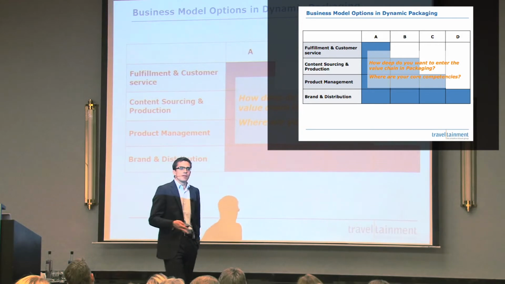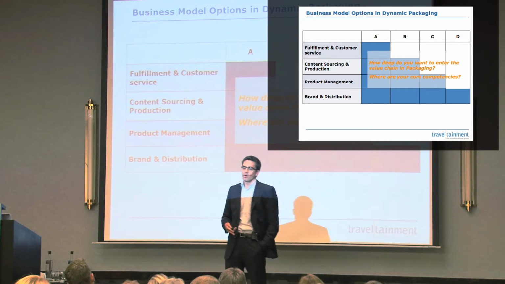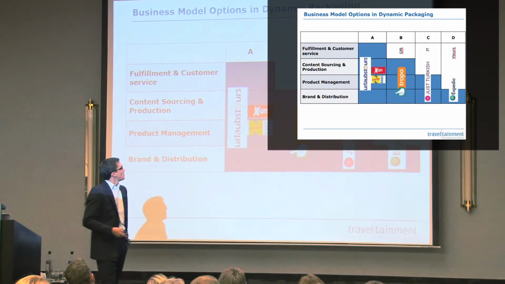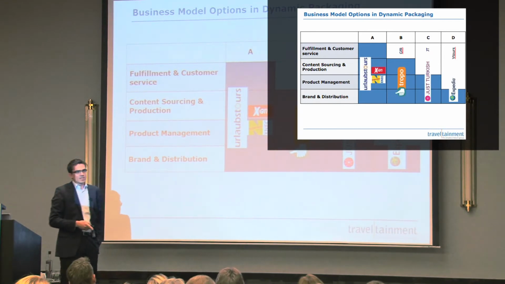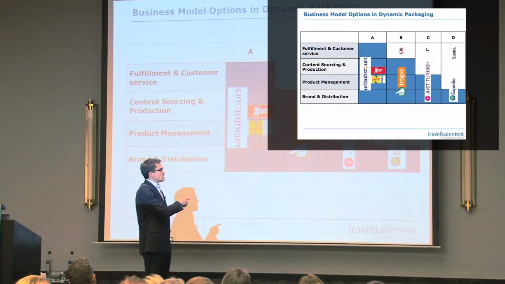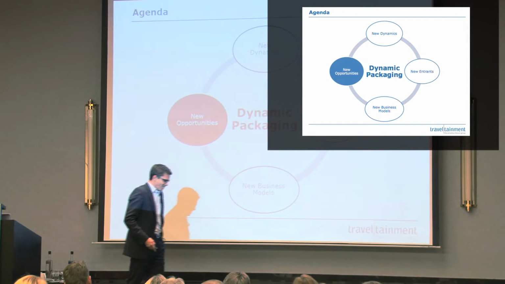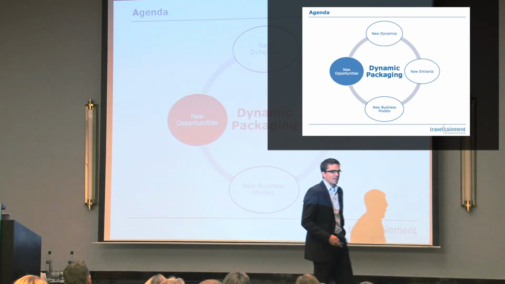Why can't I serve somebody else who may be strong in brand and distribution, and I offer my package to them in a white label mode? So what you see here, all of them are extremely successful players, but each of them has chosen a completely different model.